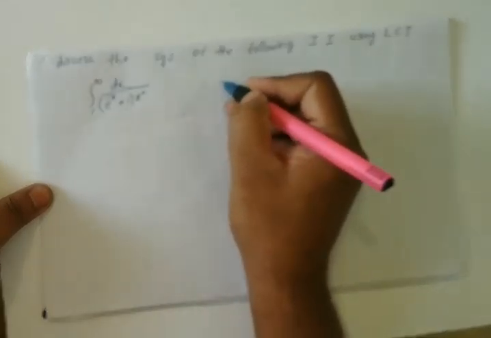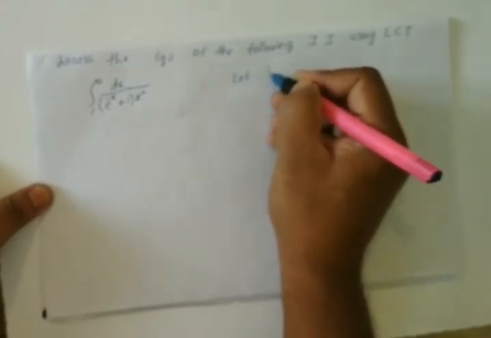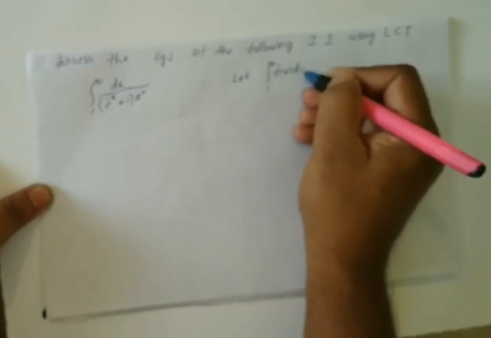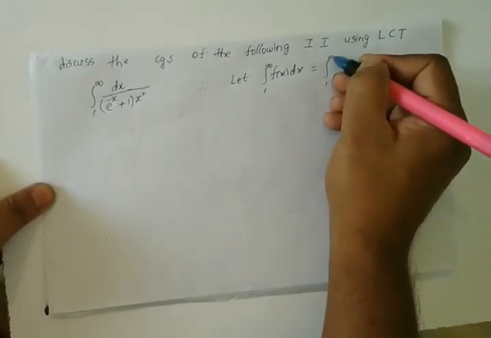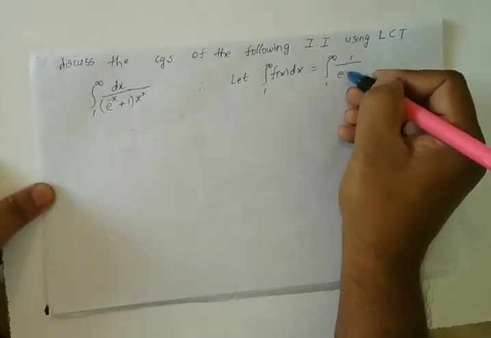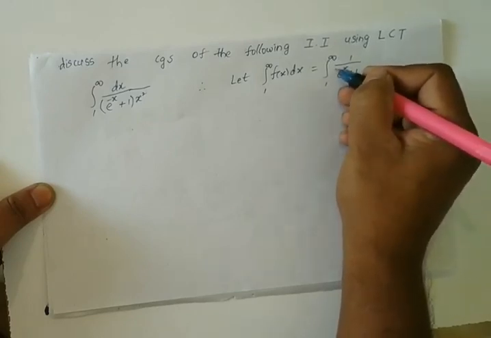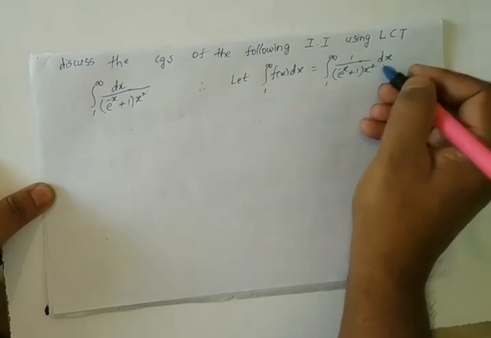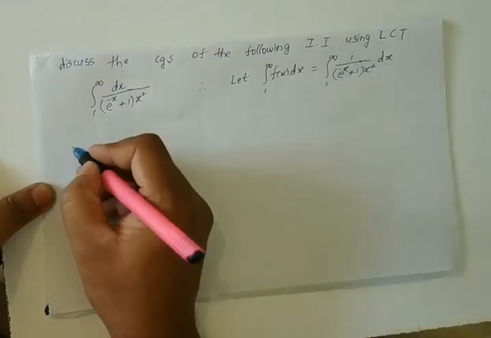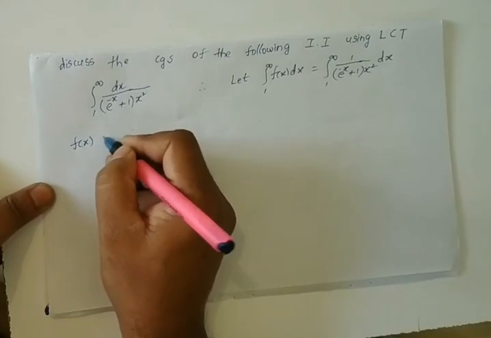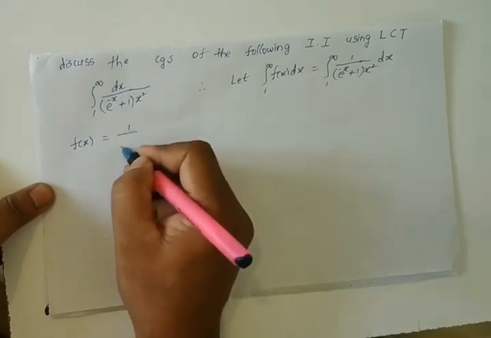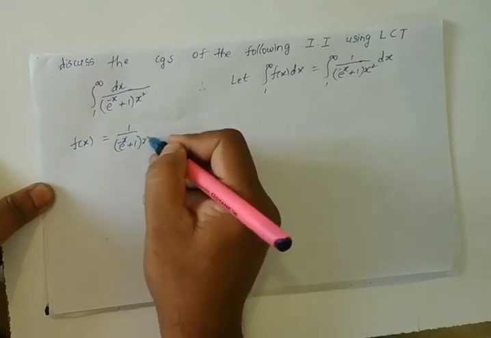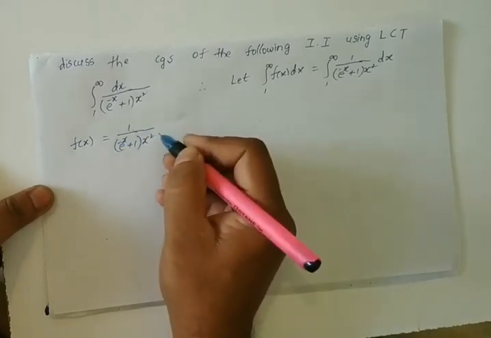So the integral from 1 to infinity f of x dx is equal to the integral from 1 to infinity 1 by e power minus x plus 1 into x square dx. Therefore, f of x will be equal to 1 by e power minus x plus 1 into x square. Okay, clear?